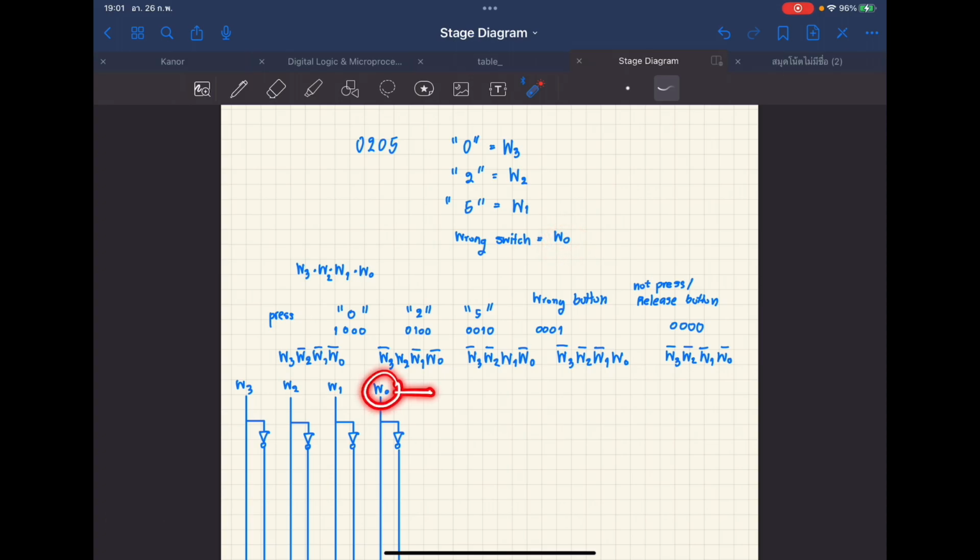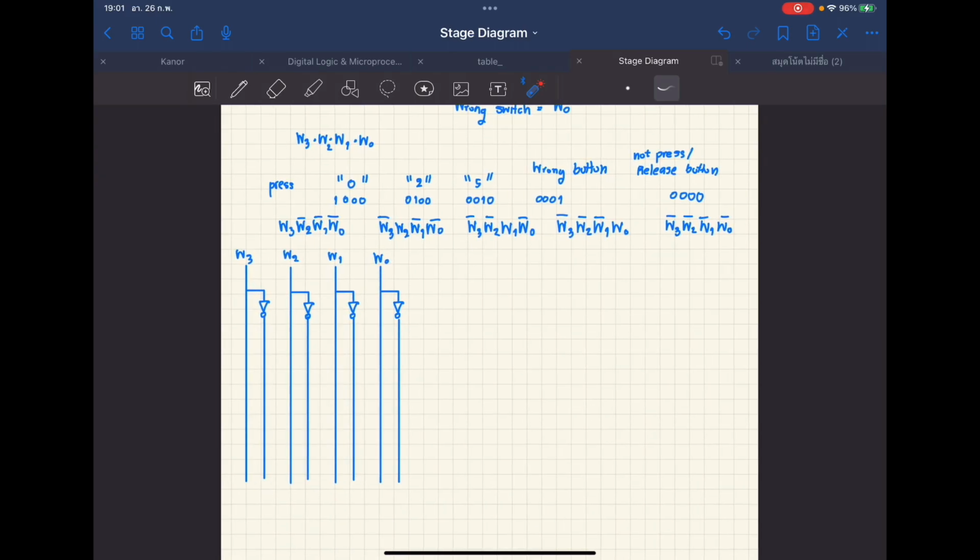So W0 is the other buttons. That is OR. Okay.